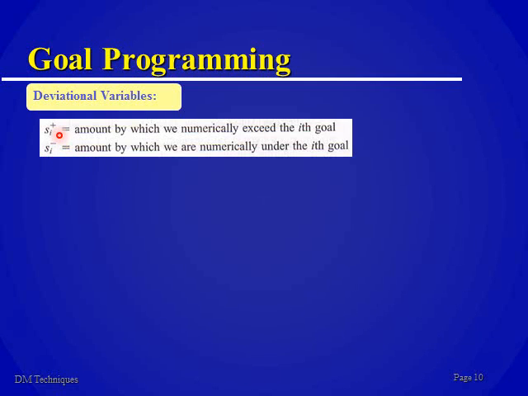S1 plus, for example, will be the amount by which we exceed the first goal. S2 plus is the amount by which we numerically exceed the second goal, and so forth. S sub 1 minus is the amount by which we were under the first goal, and so forth.